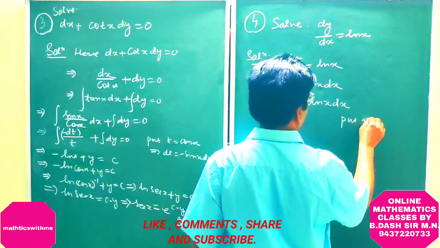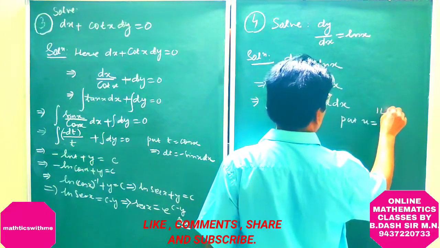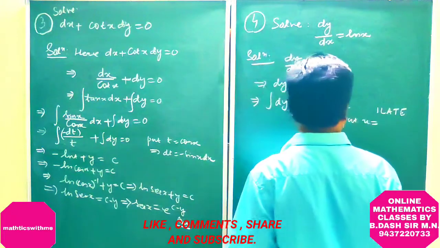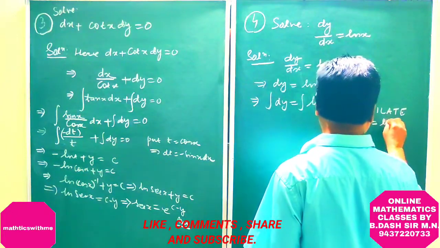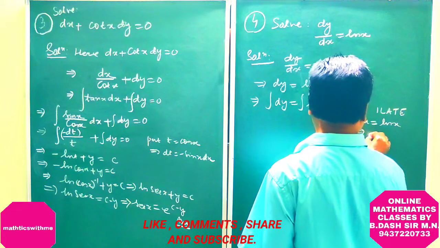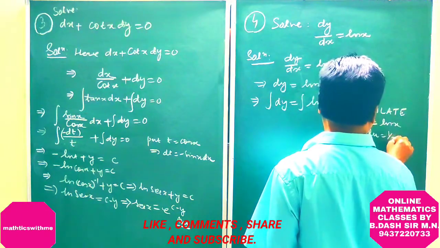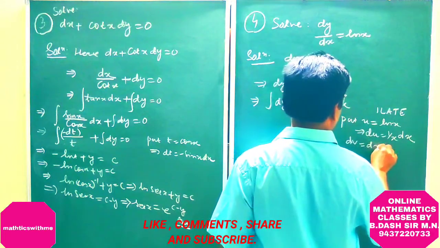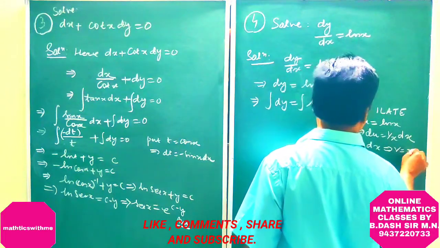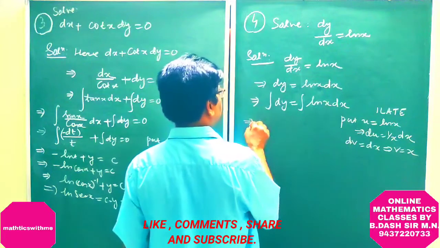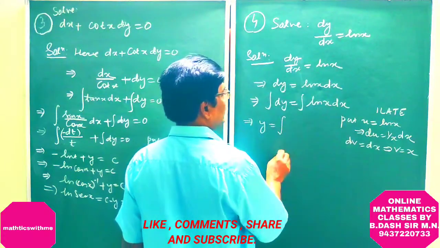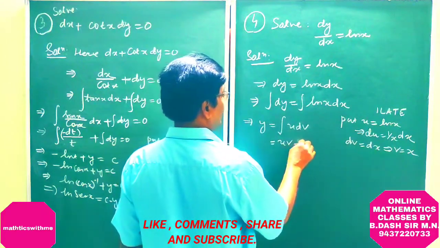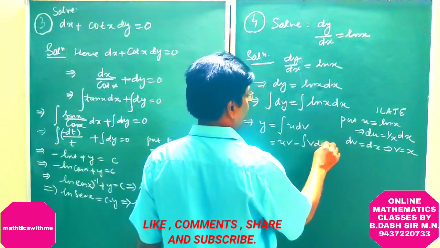Put u is equal to ln x; we have to use integration by parts. du is equal to 1 by x dx. Then dv is equal to dx implies v is equal to x. So this implies y is equal to integration of u dv, which is uv minus integration of v du.